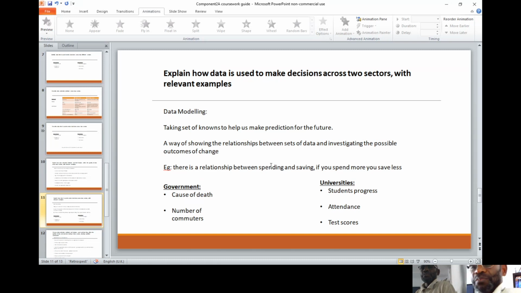So how is the government going to use this sort of data here? The cost of death and the number of commuters. To do that, they need to create what is called a data model.